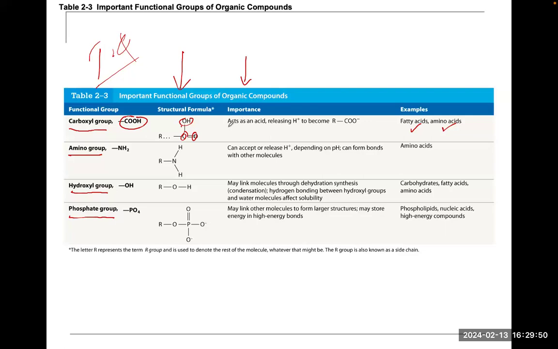And they can act as an acid because they release hydrogen, right? Remember, if this is a little glass and you're releasing hydrogen into some sort of solvent like water, the more hydrogen, then the more acidic, right?